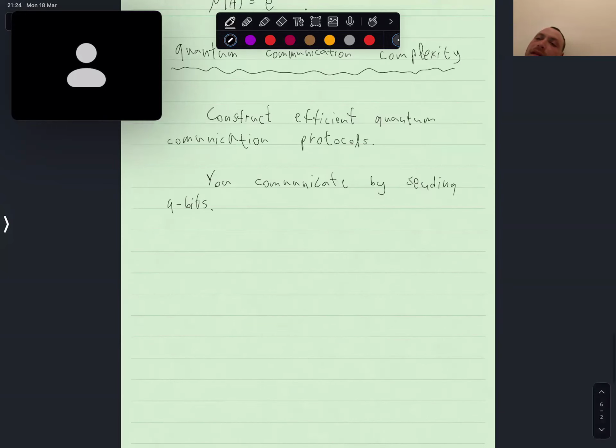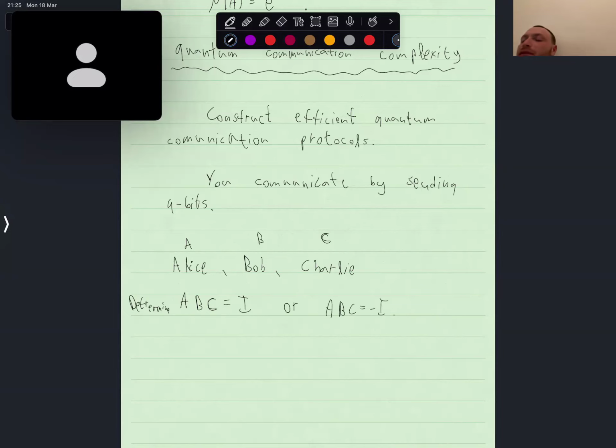They designed some problem. So you have Alice, Bob, and Charlie, and they want to determine whether ABC is equal to the identity. Alice gets matrix A, Bob gets a matrix B, and Charlie gets a matrix C, and they want to determine whether ABC is I or ABC is minus I. So they're promised that one of those is true, and they want to determine which is which.